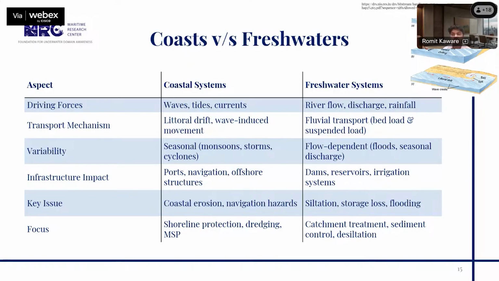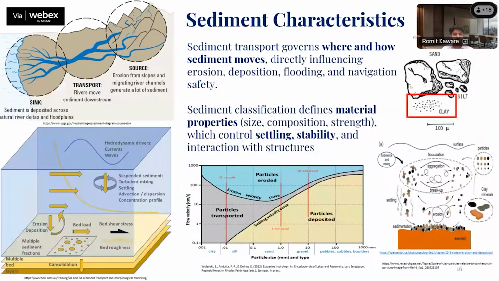Here we are mostly concerned with sediment management within the dams, the reservoirs, or the inland water systems as well, facing challenges of excessive siltation, storage loss, and urban flooding itself. So the coastal zones and the freshwater systems both have very unique conditions that need to be separately studied.